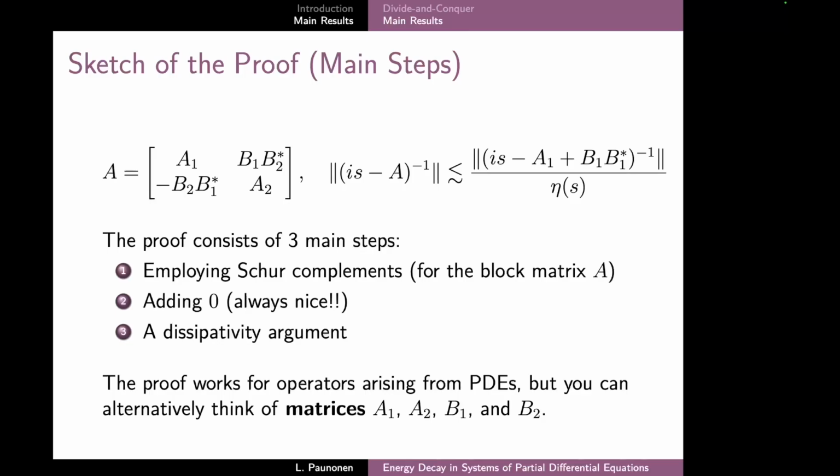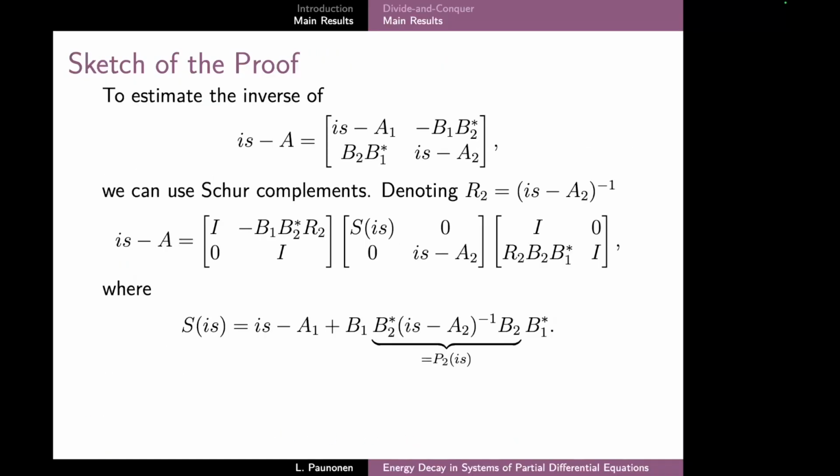And I want to repeat that our result is posed for an infinite dimensional system where A1, A2, B1, B2 are all operators which may be unbounded. But in following the proof, it's also completely okay to just think of these as matrices if it helps you follow the arguments.